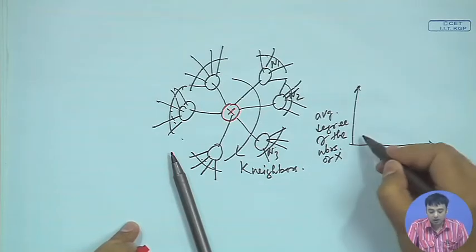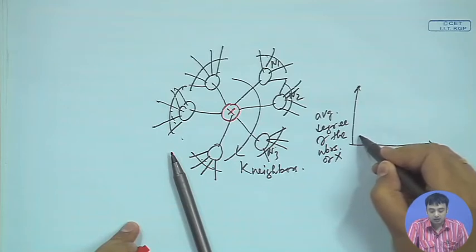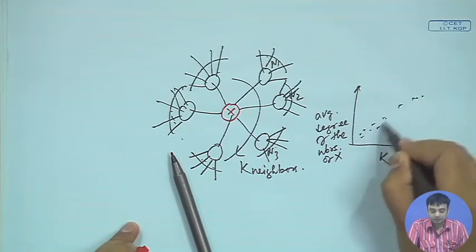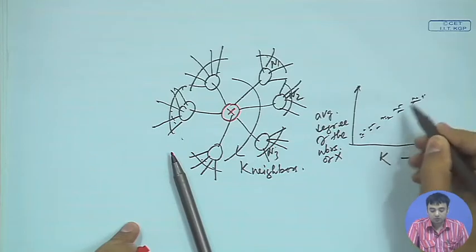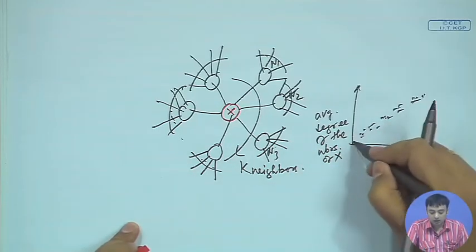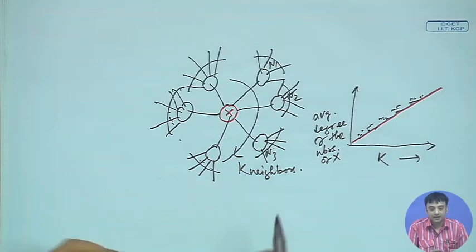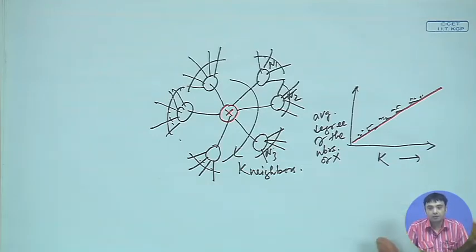Now, if this plot is a scatter diagram which mostly concentrates on the y equals x line, then you have a high probability that nodes of similar degree are friends in a social network. So, my degree, which is k, is highly related with the average degree of my neighbors.